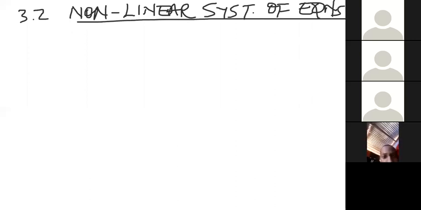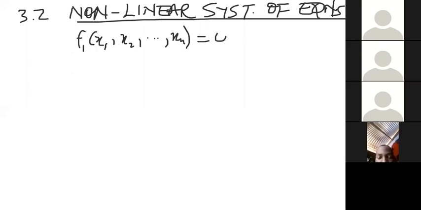Okay. So you remember that at the time we were looking at linear systems of equations, we were able to write the system in a general form. So even in this case, we'll try to do that, but we'll write these systems of equations this way: f1 of x1, x2, and so on up to xn equal to 0.